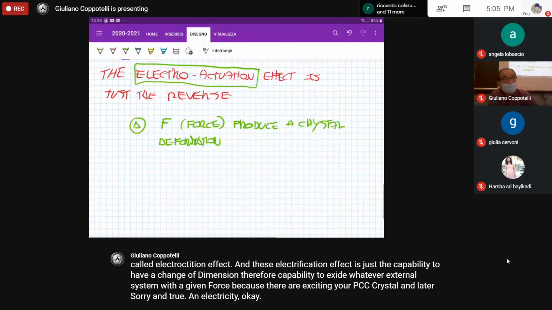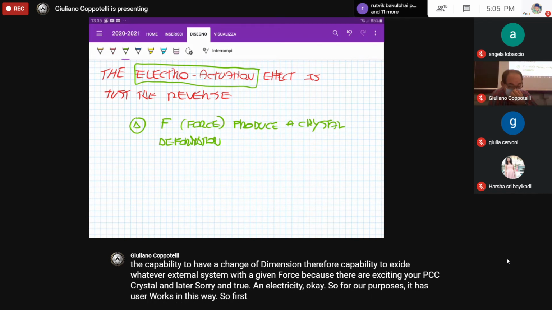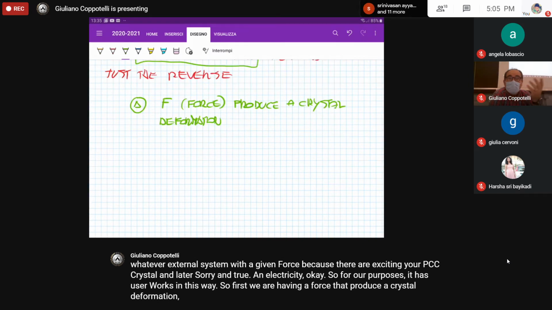So for our purposes, the transducer works in this way. First, we are having a force that produces a crystal deformation. Then what's happening according to the PZT effect?